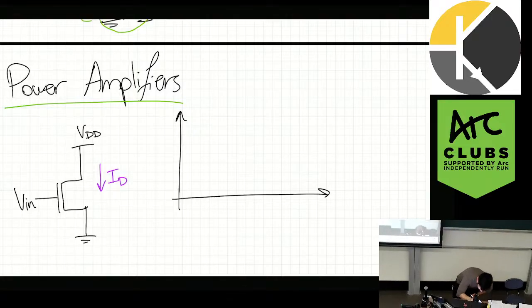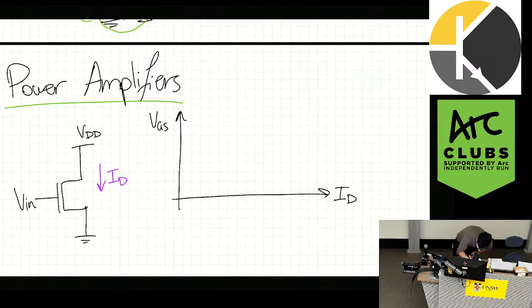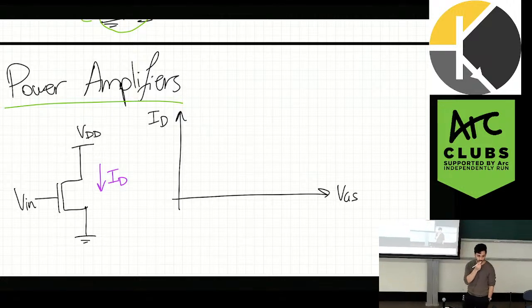So if I plot the gate source voltage against drain current, sorry, other way around actually. So if I plot the drain current as a function of gate source, now, what would the gate source voltage be in this case? Yeah, so you're both right. So V gate minus V source, but the source is here.